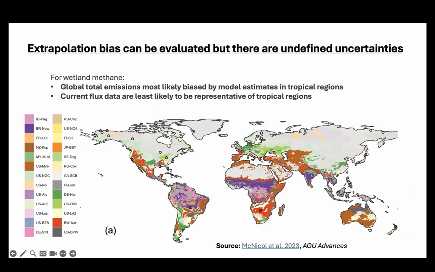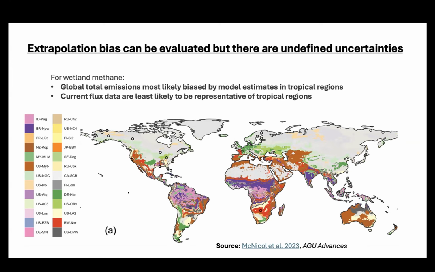So in this analysis, in opaque colors, the darker colors, we're showing regions of extrapolation where it's very likely that our estimates are biased with respect to the true values. And also this visualization weights regions where the emissions differences will have a large impact on the global total.